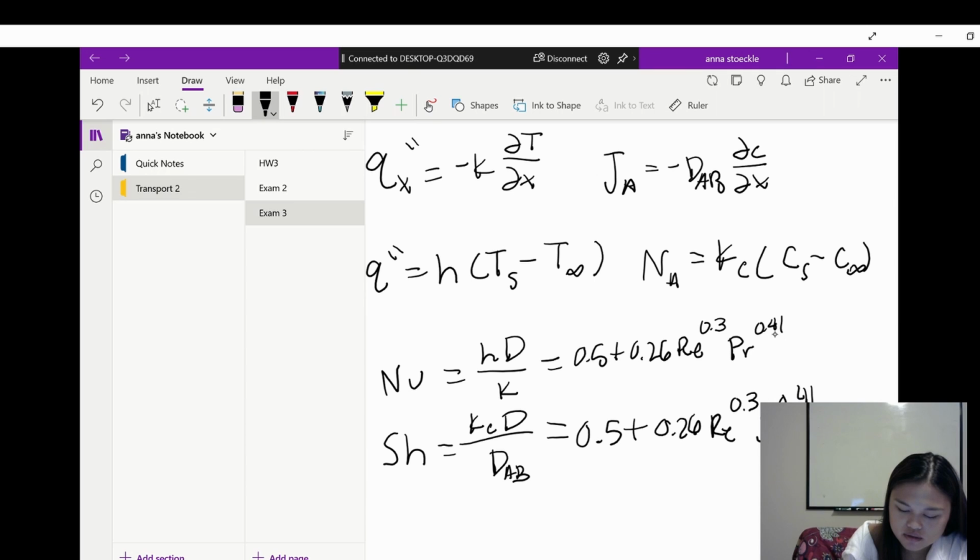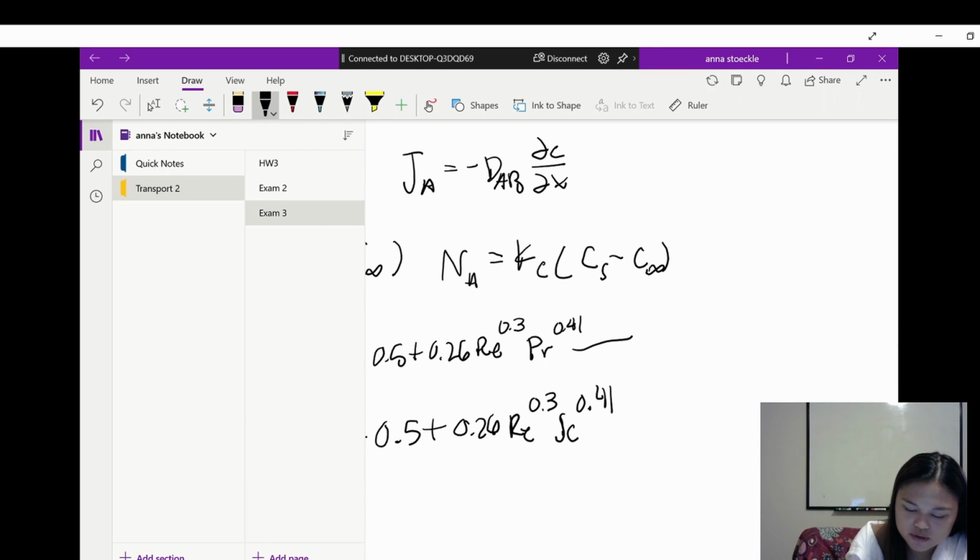Let's just look at those real quick. The Prandtl number is just the viscosity over density times thermal diffusivity. And for the Schmidt number, it's just the viscosity, density, and then the mass diffusivity.